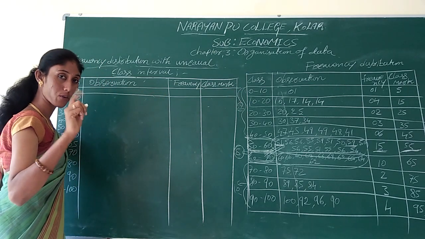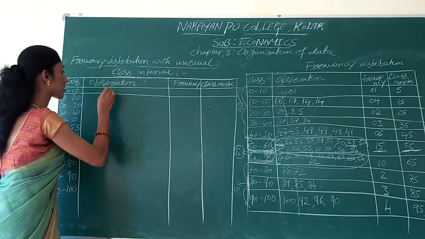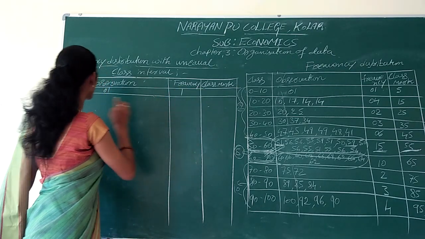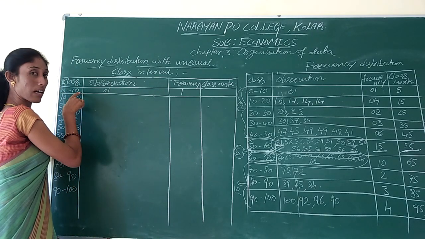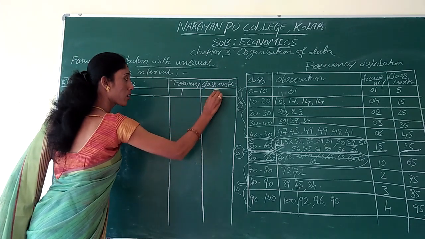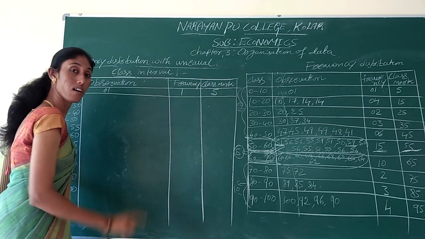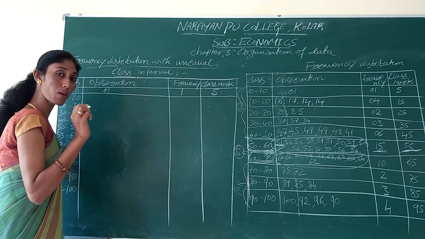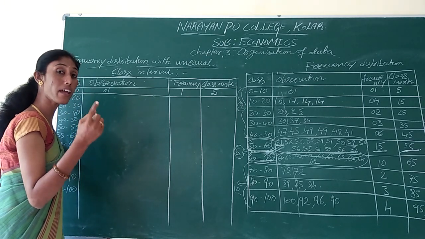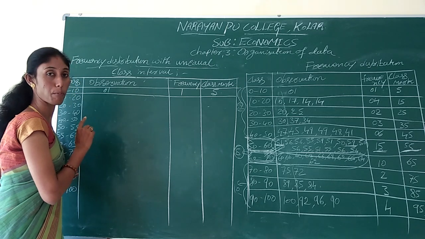Now come to the first class interval. We have 1 value in that particular class, so the frequency is 1. Between 0 and 10, the class mark is 5. You know, right? To find the class mark, the formula is upper class limit plus lower class limit by 2. The same formula we will apply here also.